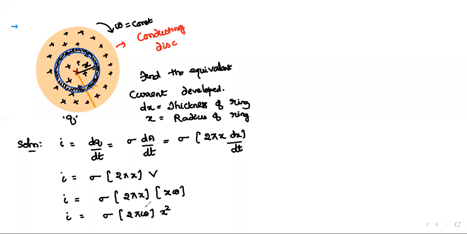So look at this. To find the equivalent current developed when it is rotated with some constant angular velocity, different regions are getting different currents. You understood this point? Different regions of the disk. It looks like concentric circles forming continuously with the changing of x, producing some current.